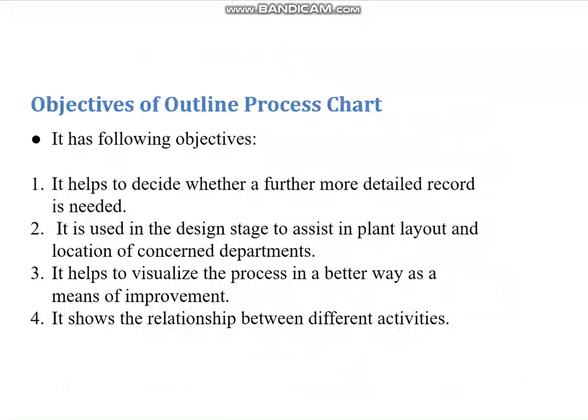It is used in the design stage to assist in plant layout and location of the concerned departments. It helps to visualize the process in a better way as a means of improvement. It shows the relationship between various activities. So these are the objectives of the outline process chart.